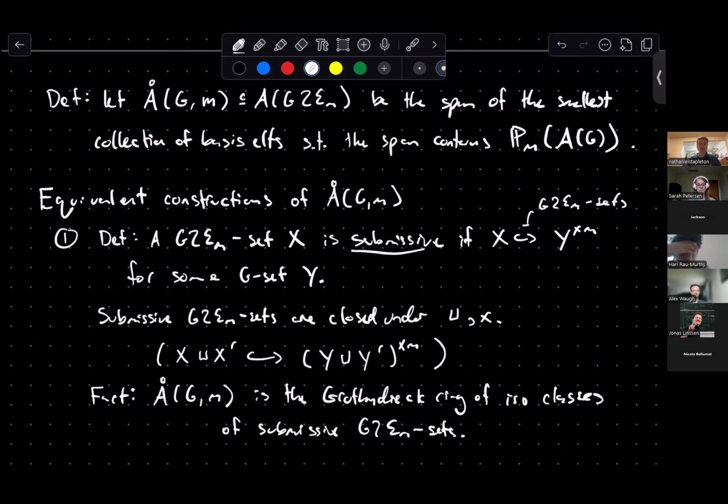And so that's the proof of that direction. And the other direction is very similar. So this is kind of how this goes. But we learn things from this. So first of all, we learn that A-bar of G comma M is in fact a subring of A of G wreath sigma M. And it's a Grothendieck ring.